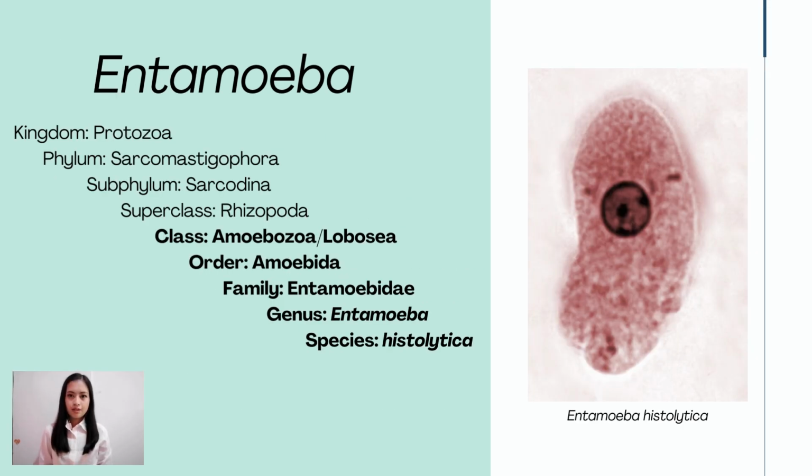After learning about Acanthamoeba, we now proceed to discussing another parasitic amoeba, which is Entamoeba histolytica. These species belong to the phylum Sarcomastigophora, which is divided into two subphyla, subphylum Sarcodina and subphylum Mastigophora.